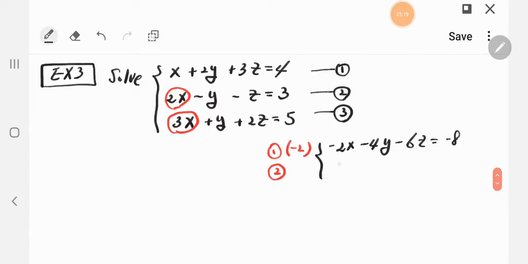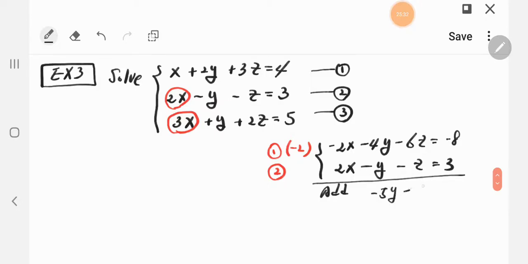And the second equation is unchanged. Add these two equations. Then cancel out x. So negative 5y minus 7z is equal to negative 5. So now let's replace the second equation by this result.